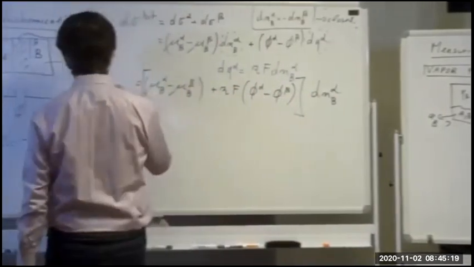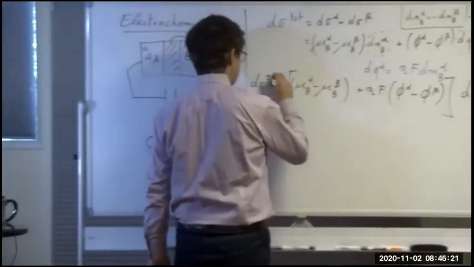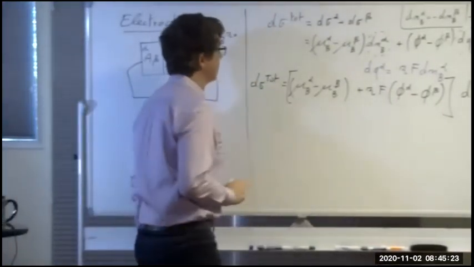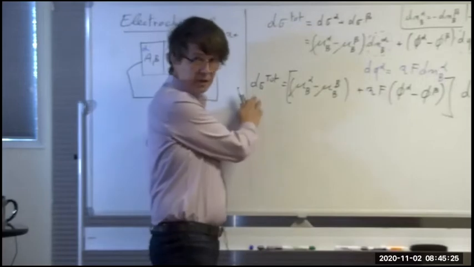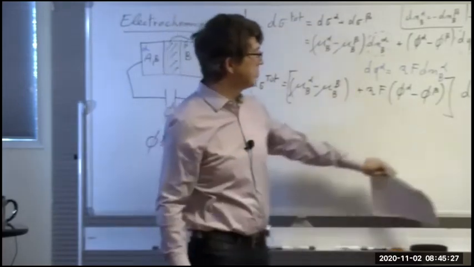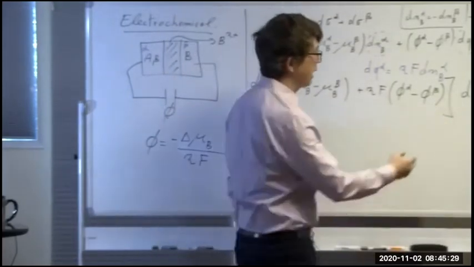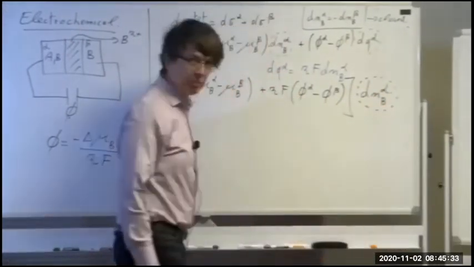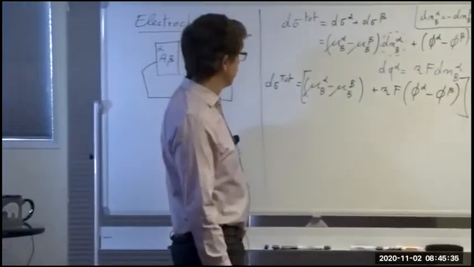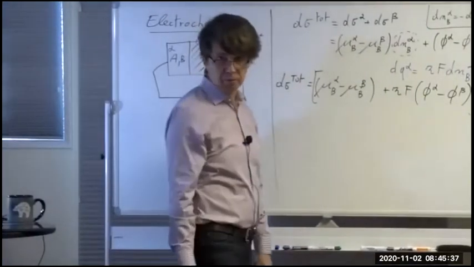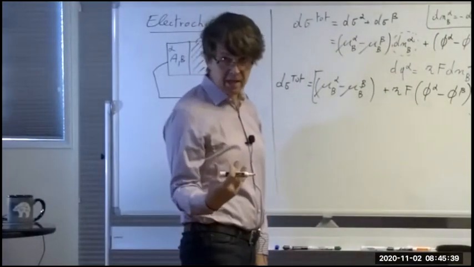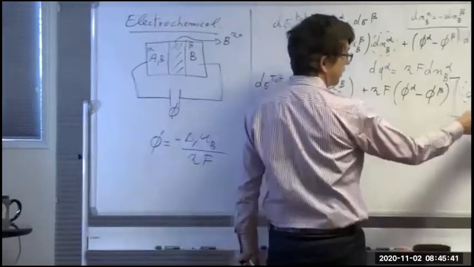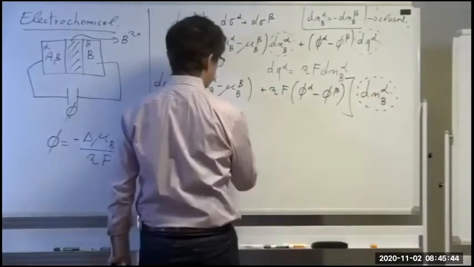So this is dG total. This is the variation of the free energy of the total system in terms of the only allowed variation in the system, right? I can flow B between the two electrodes. So for dG total to not be able to be negative, since this variation can be positive or negative, this has to be 0.